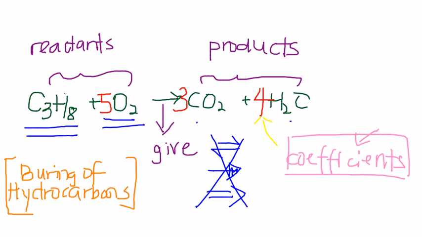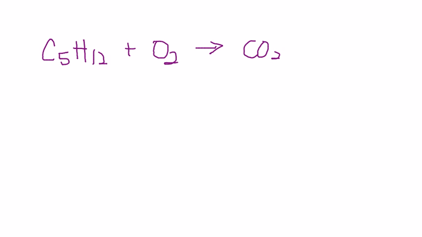Now, with all this in mind, we are ready to tackle an example of a chemical equation. You may pause the video as you try to balance this equation. As mentioned in class, the first step is to list down the elements present in the equation.